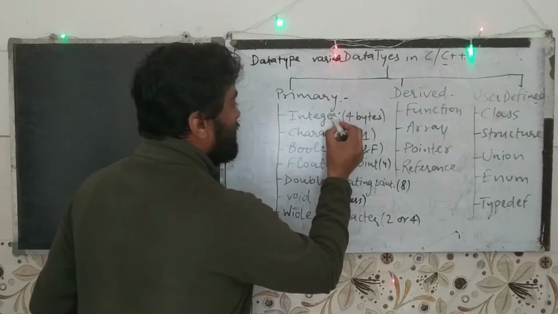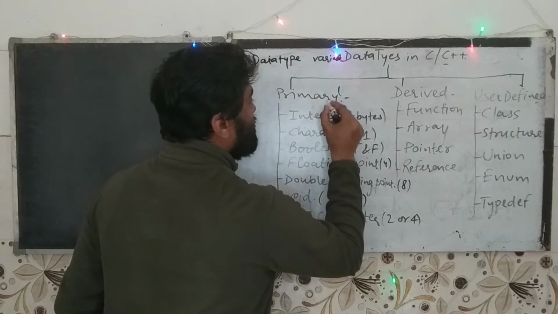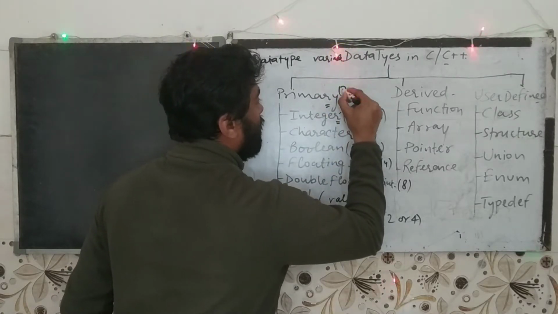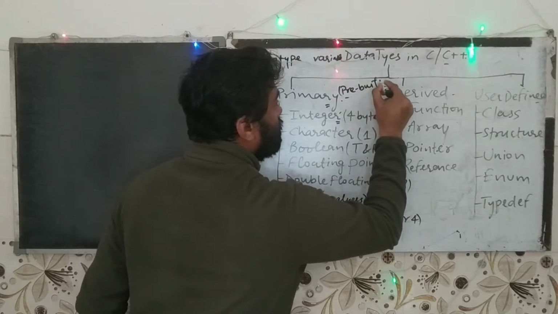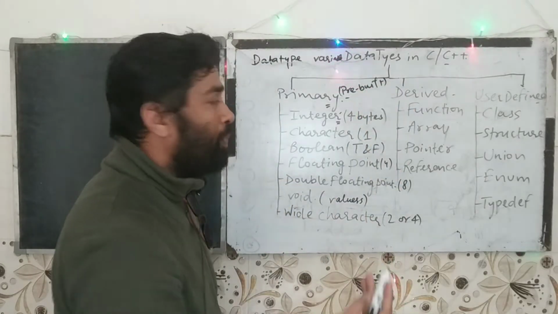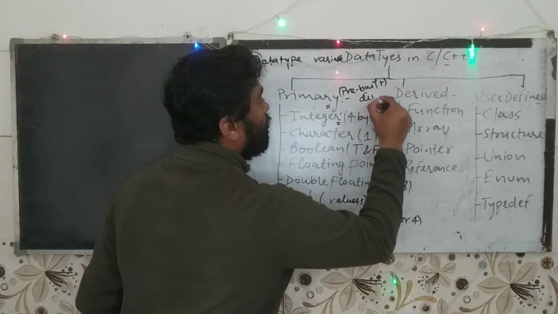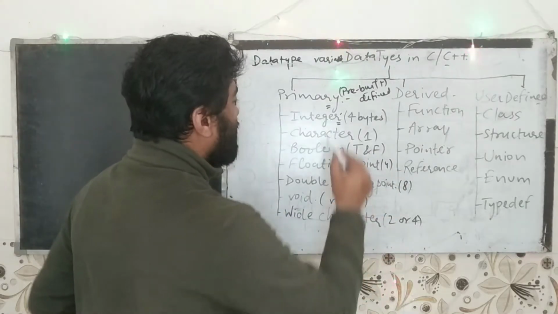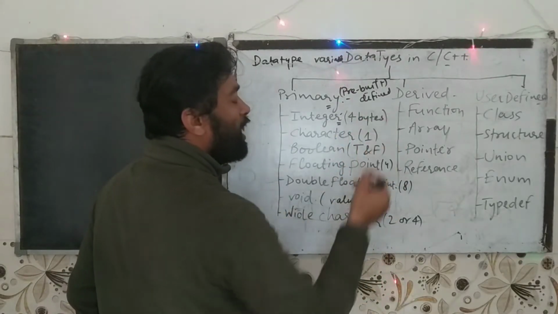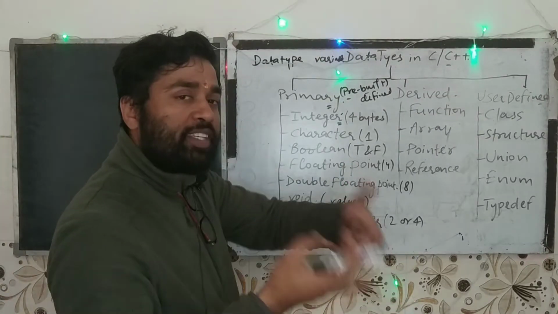So integer is a predefined or pre-built data type. These types of data types are predefined and already built into the memory, and you can access these data types in your application.